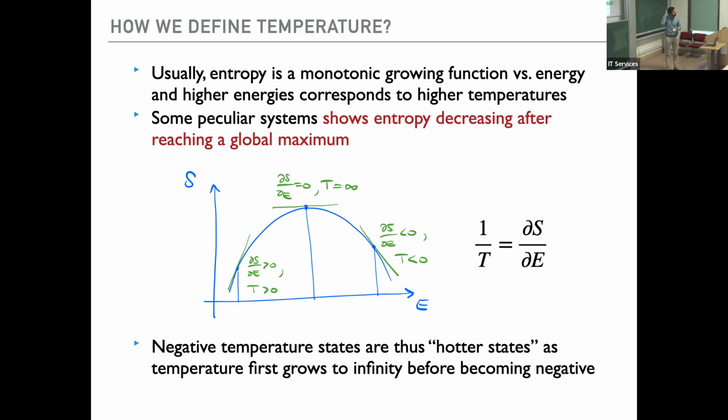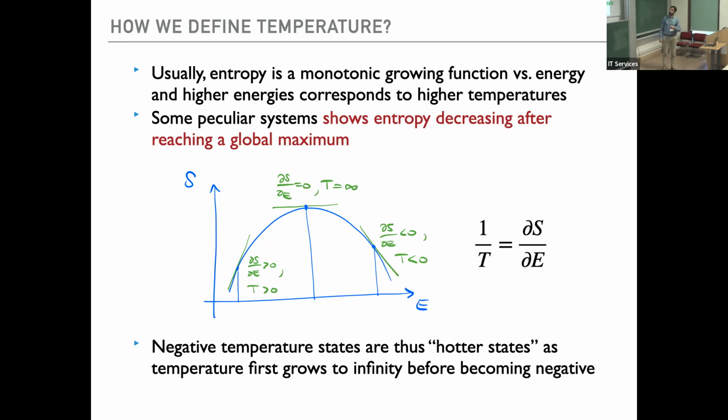But there are some peculiar systems where this is actually not true. You can show that the entropy might decrease after reaching a global maximum, for example, in this case. If you use this definition, then you can immediately convince yourself that in this range temperatures are positive, because the slope of the tangent is positive.